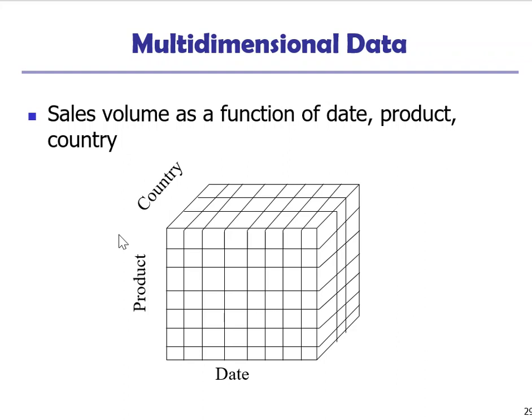So earlier we discussed the star, the snowflake, and fact constellation schemas. That shows you how the data can be modeled and represented as tables in a relational database kind of way.